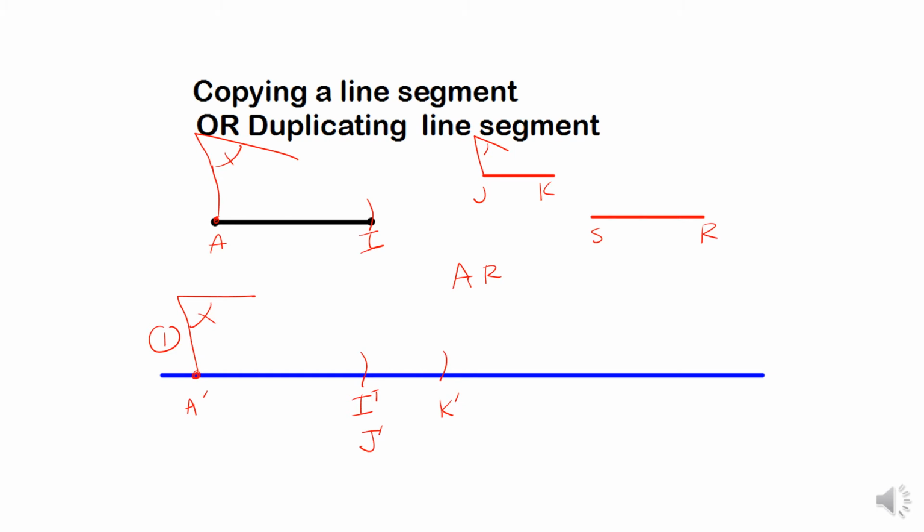So now I've added that one. Then I'm going to take point S. I'm going to put that point here, and then I'm going to use my compass to measure like this, and then I'm going to go R prime, and now I've created the segment AR. So that's one way you can use your compass for making segments add together.